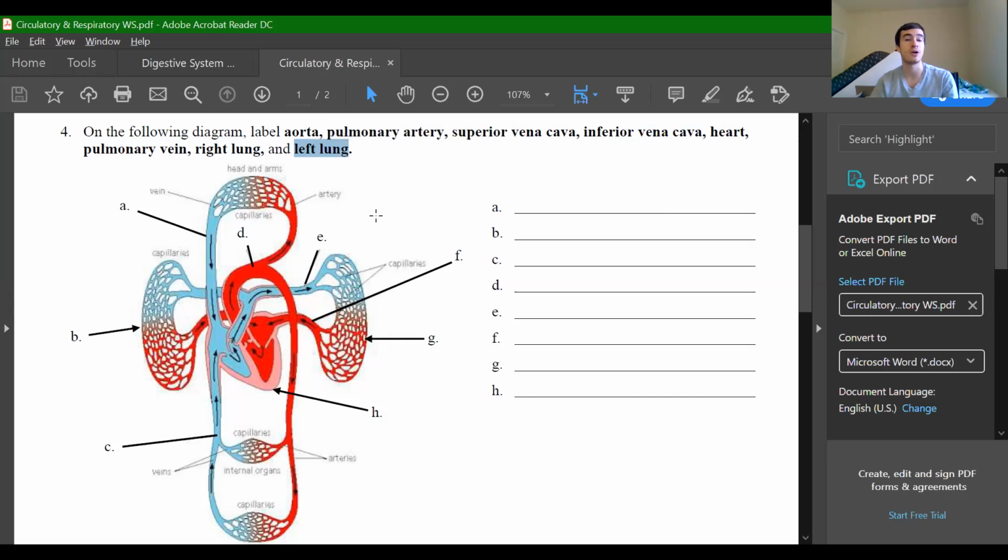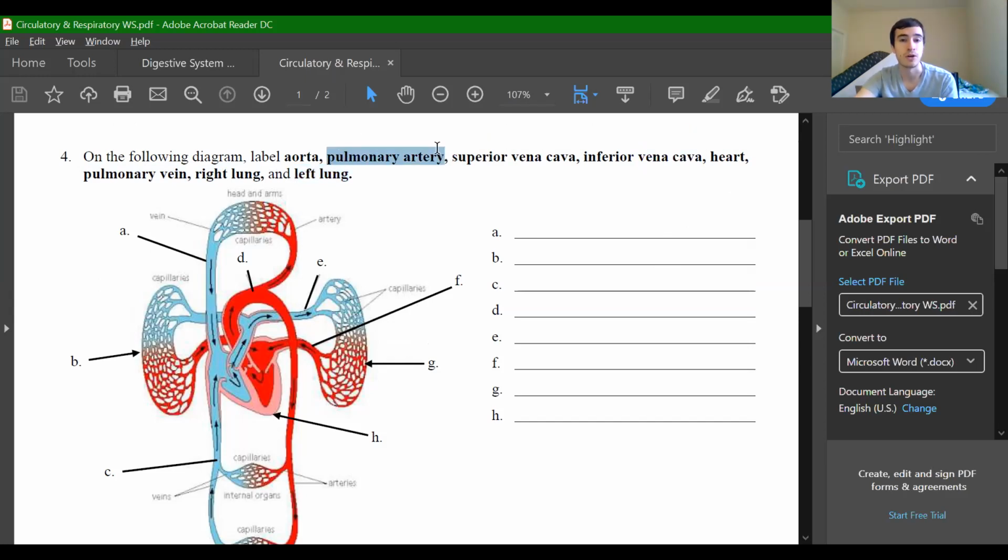So remember, the lungs are where the pulmonary arteries are going to, and they are where the pulmonary veins are leaving from. So hopefully that helps you recognize some of the different structures around the heart in terms of the different blood vessels, and gives you an idea of where they're traveling and are they going away from the heart or back into the heart.